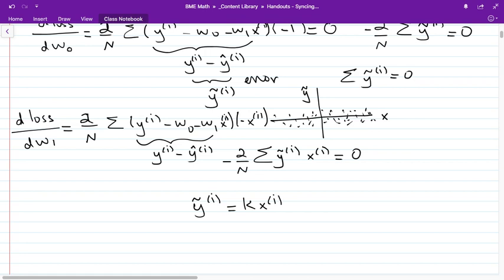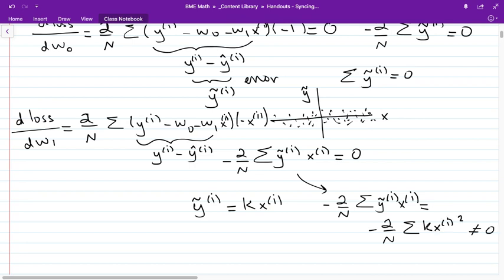Suppose that your errors were a linear function of your input xi. If that was the case, then this equation says that minus 2 over n, the sum of y tilde of i xi, is equal to minus 2 over n times the sum of k xi squared. So this can never be 0, right? Because x is being squared.